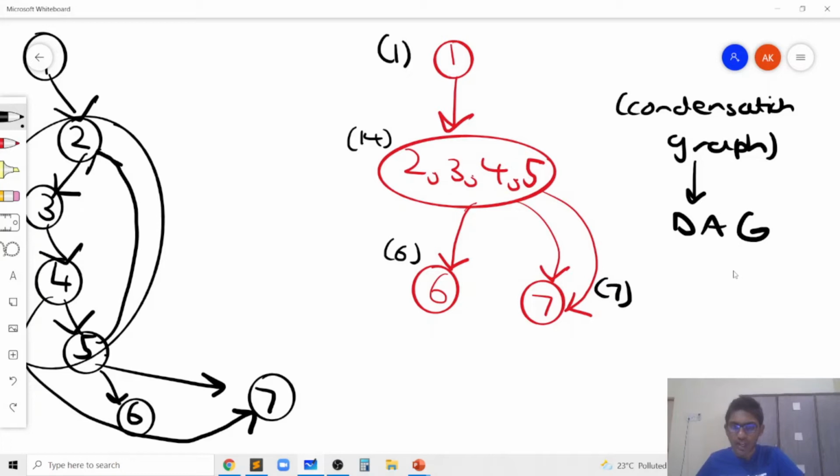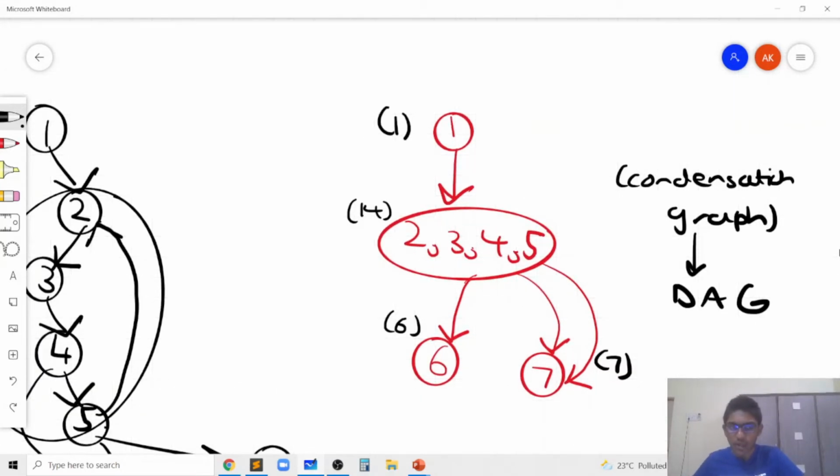So now for this directed acyclic graph, we can use dynamic programming to compute the number of people which you can visit. For example, initially we know for each of the nodes which don't have any neighbors, dp of 6 is 6 and dp of 7 is 7.